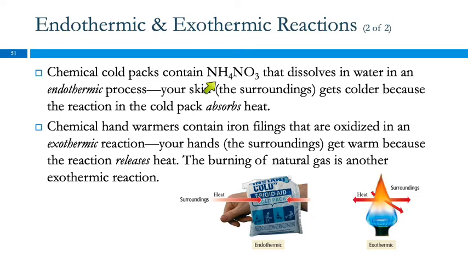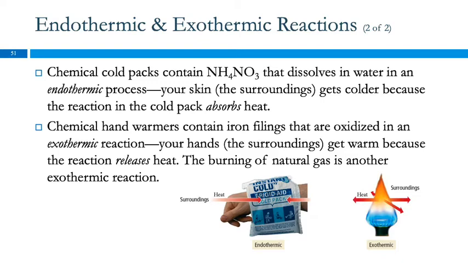Most of these contain ammonium nitrate, and before the packet is activated, the ammonium nitrate and the water are separated. And when you squish it and break that internal seal, they're allowed to mix. And the process of it dissolving in water is an endothermic process.